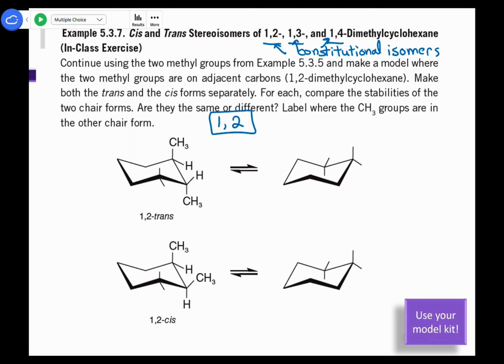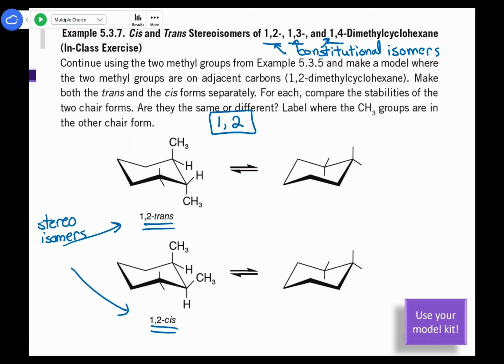We're going to look at the trans option and the cis option. If we compare those two, we're going to see these are stereoisomers. We have to break a bond and form a new bond to go from trans to cis or cis to trans, but it's built off of the same constitutional isomer.